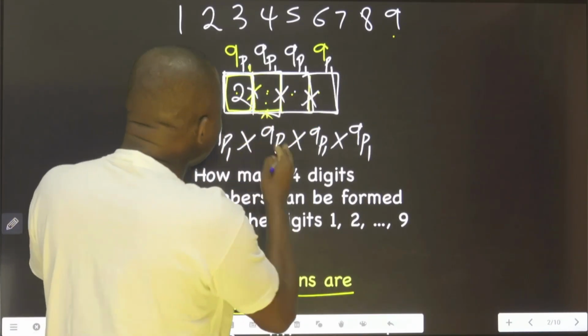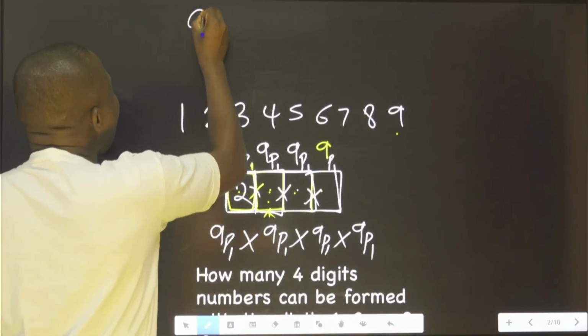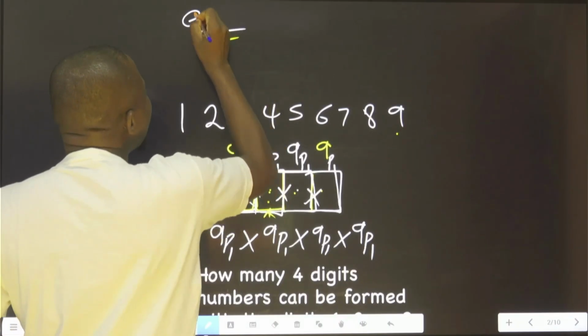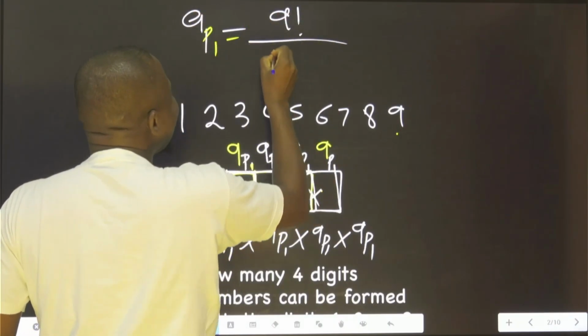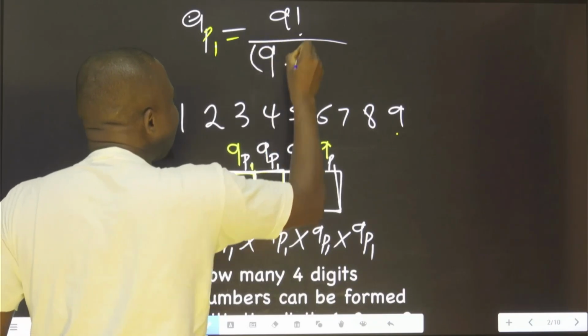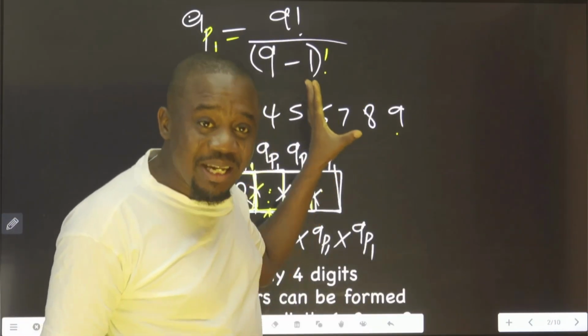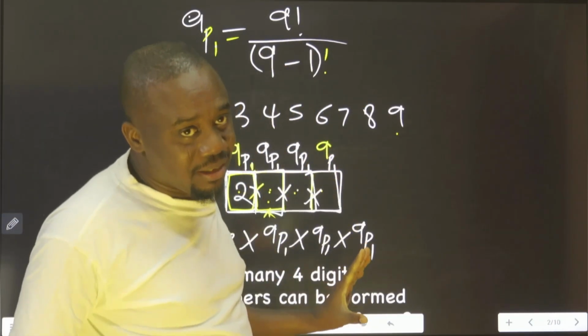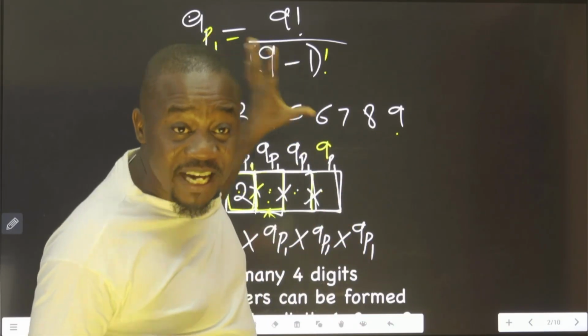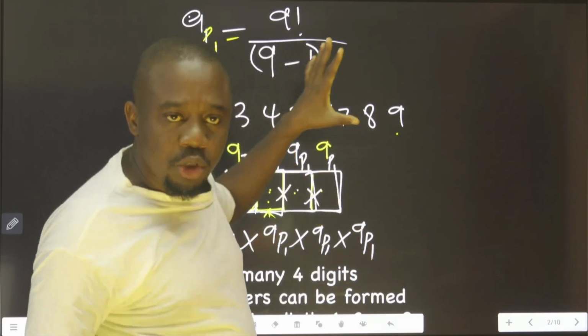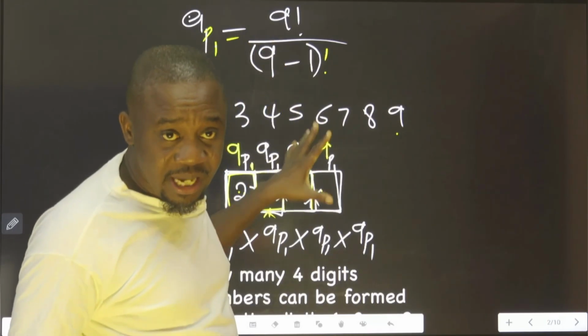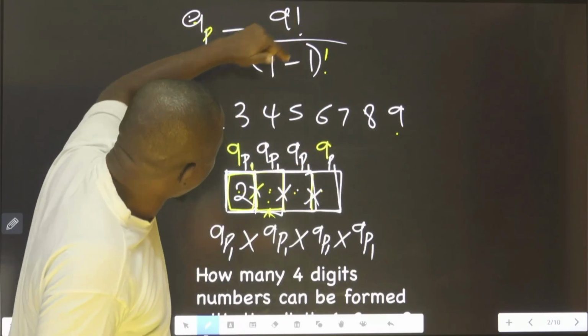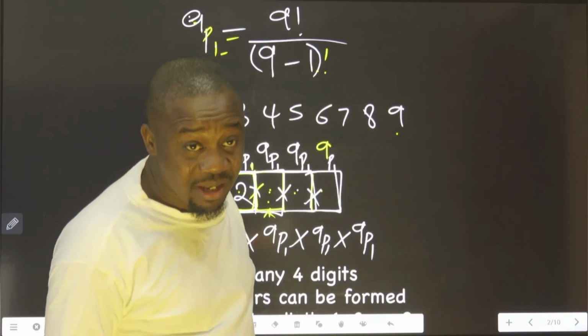To solve this now, what is the meaning of 9 permutation 1? It is equal to 9 factorial over 9 minus 1 factorial. If you don't understand this, we have actually treated this already. Go and check the first video on permutation, then watch the other videos before you come here. Don't give up, okay?